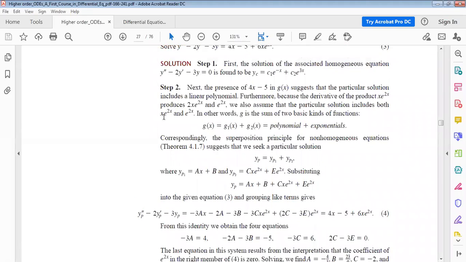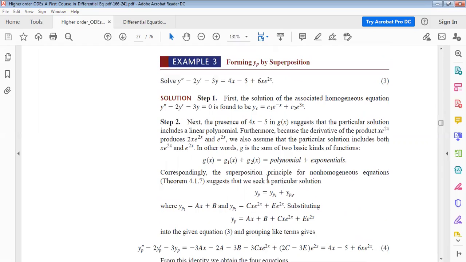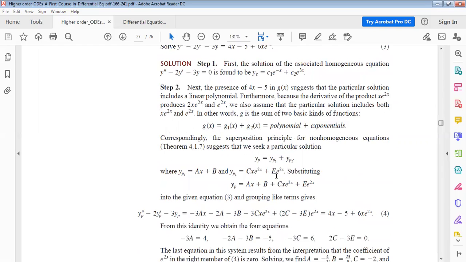Cx times this, and E times this. Okay, taking this, A, B, C, E are the constants, the coefficients of all the terms. Now D is absent because we consider D the differential operator. This is why D is not taken.